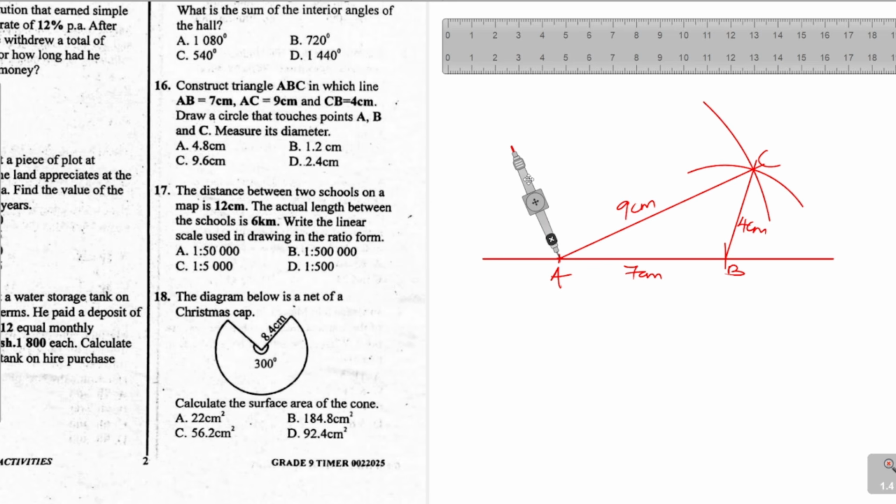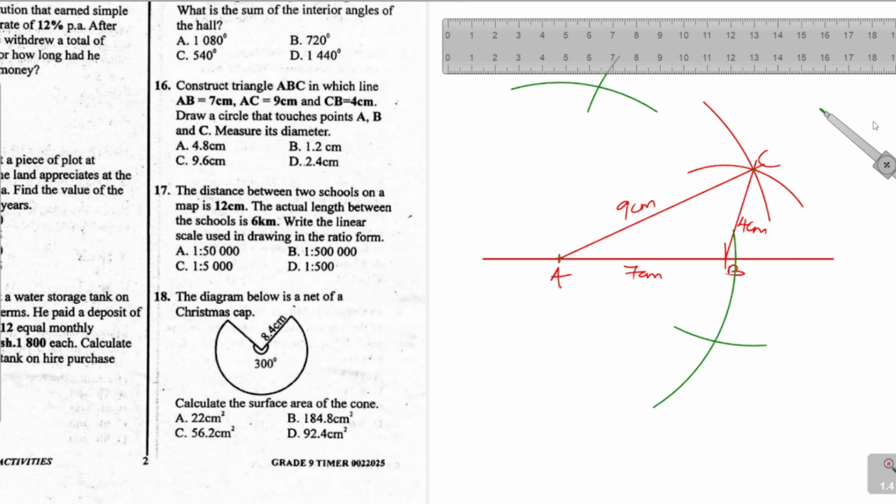Standing at A, make sure that you have any convenient radius that is more than half of that line, like that. Standing at A, you mark an arc there, and also another arc down here. Then with the same radius, go and stand at C. That is how you bisect a line. Then cut that arc, and also cut the other arc there.